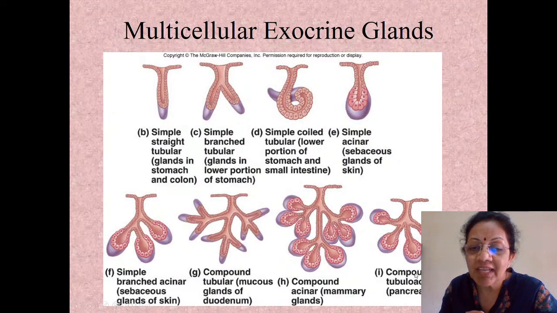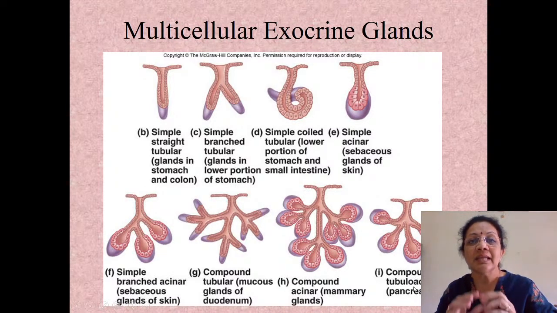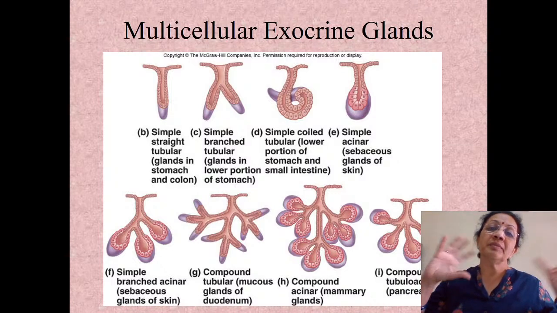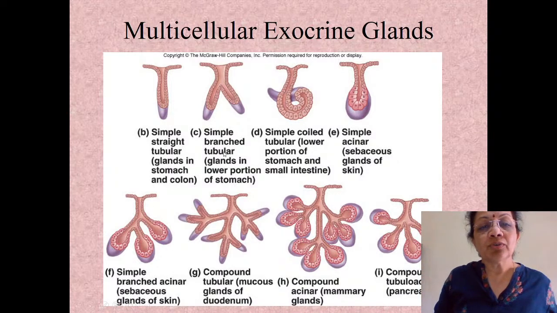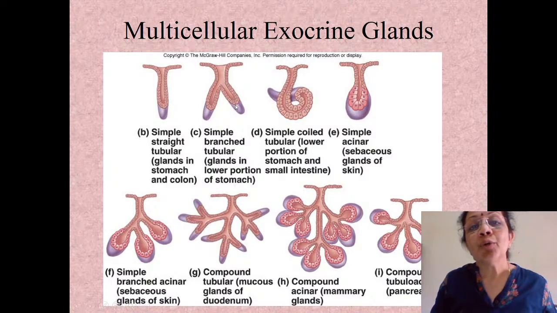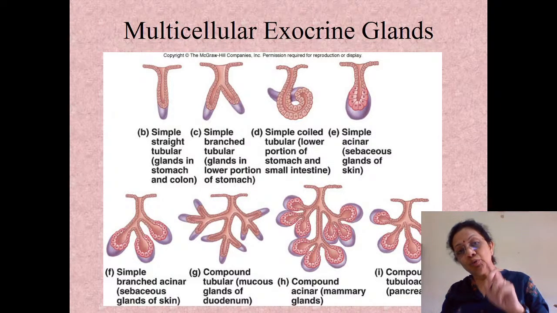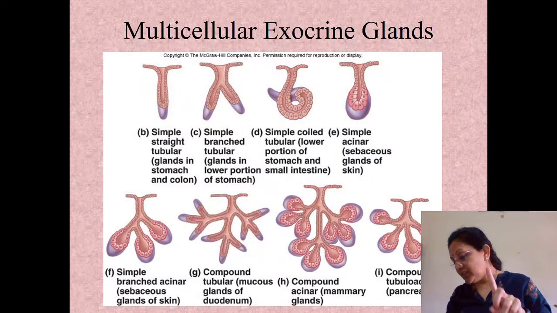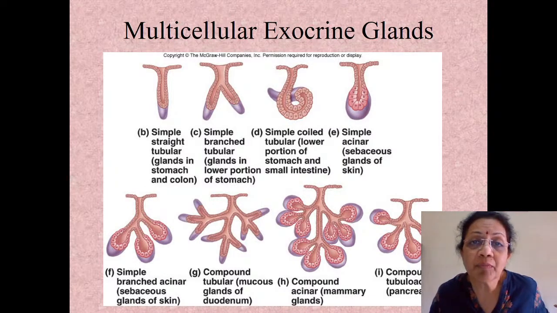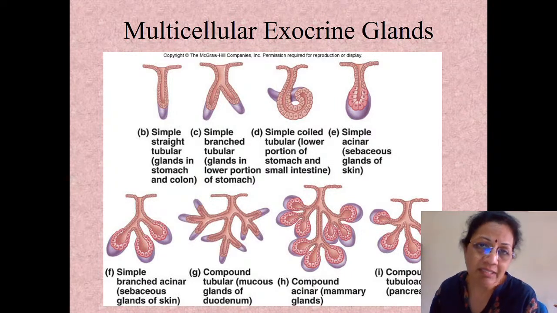But remember that tubulo-acinar means that the secretory units are mixed. So one unit could be tubular, the other unit could be acinar in shape. Right? But they are a singular gland. Usually the product is the same. The shape of the cell which is secreting that product may be different. That doesn't matter.